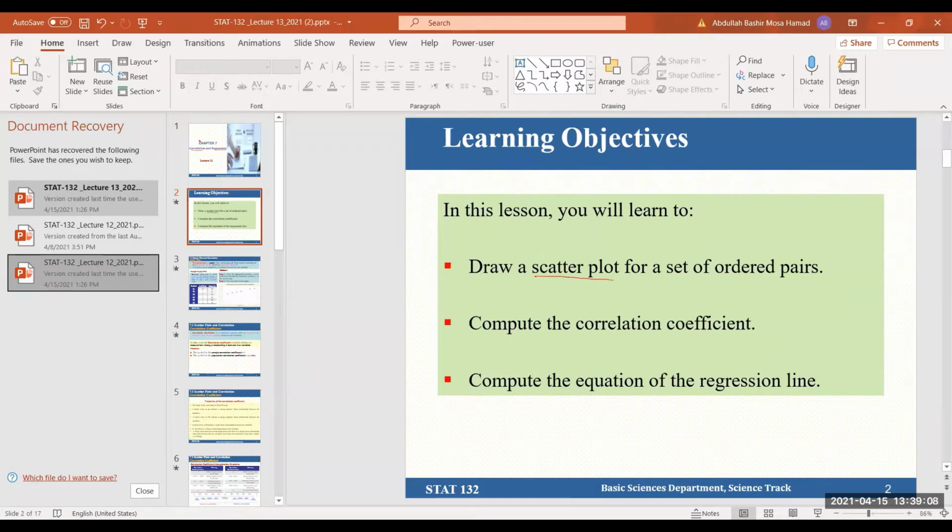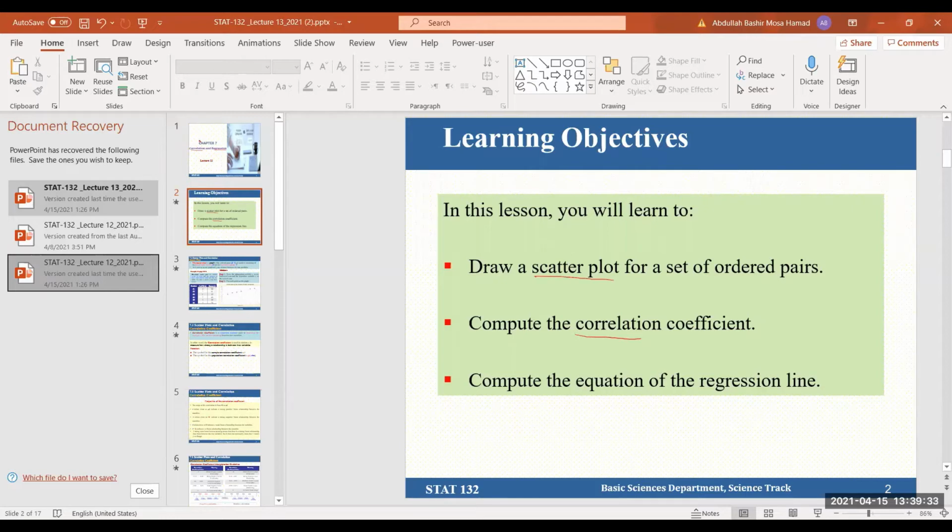If the relation is positive or negative, the scatter plot gives some indication, then he moves to compute the exact value of this relation. After computing it, we move to construct a regression line for these two variables.